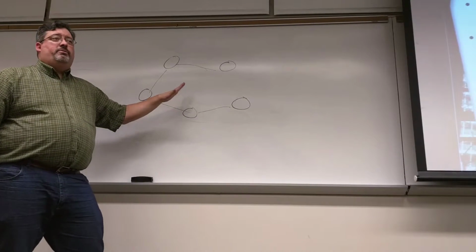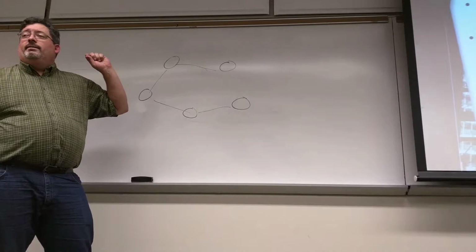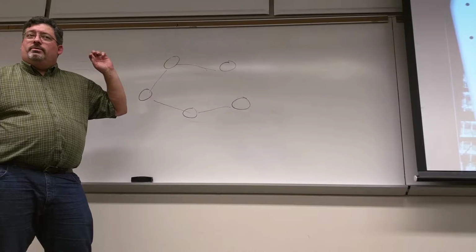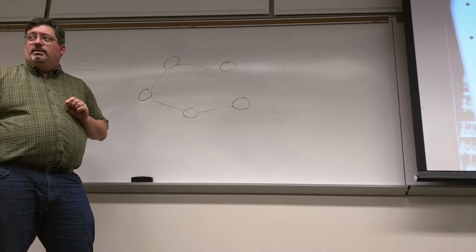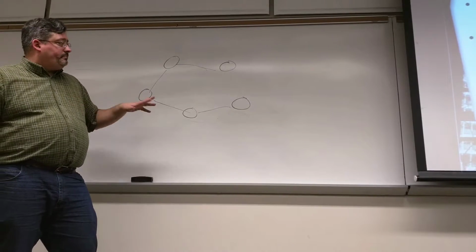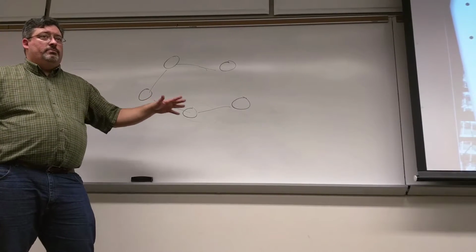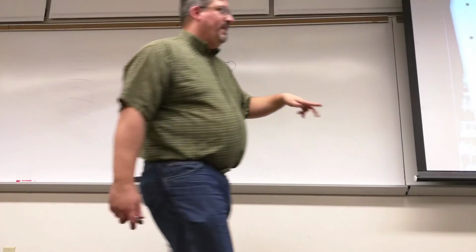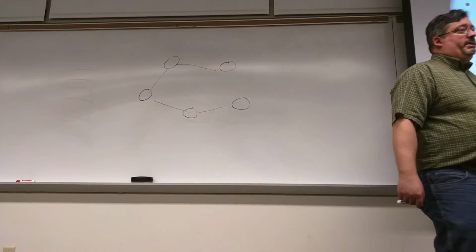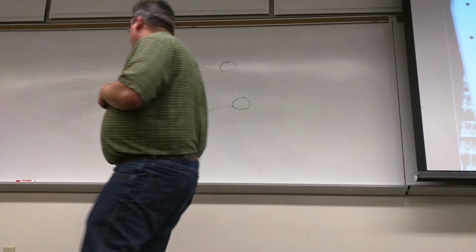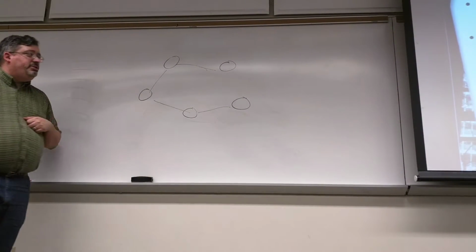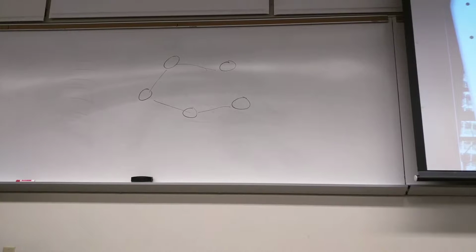So it is not possible for me to have a connected undirected graph without cycles, acyclic, if I have that, then it has exactly n-1 edges. Okay. Can I add another edge in here without creating a cycle? We just said we can't remove it.